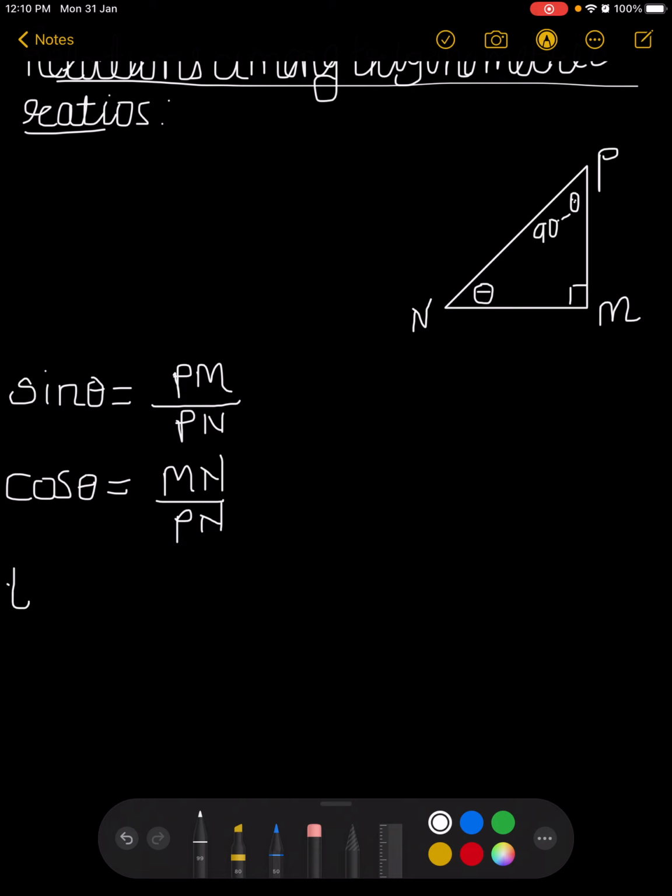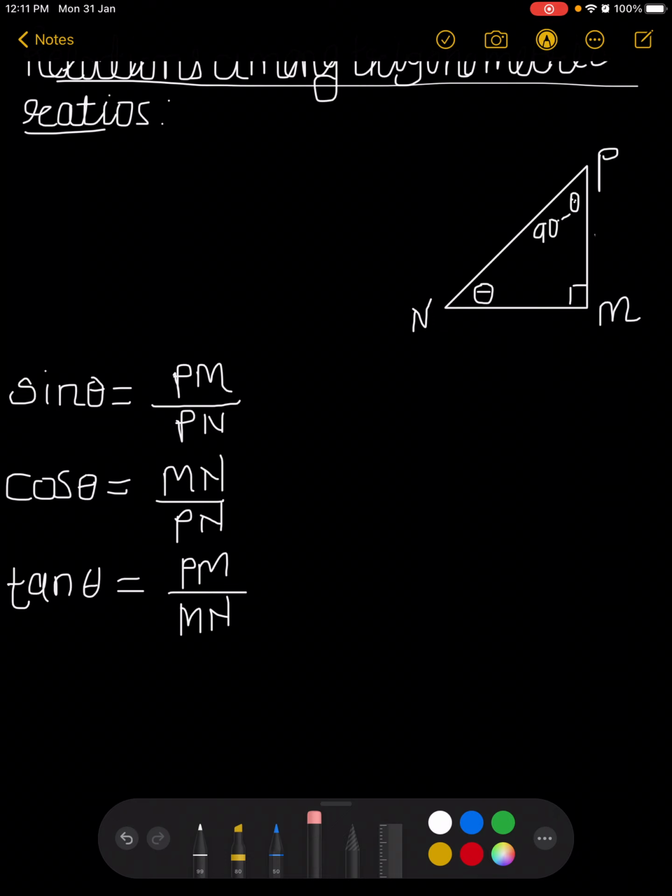The third ratio, tan theta. For tan ratio, we write theta's opposite side PM and theta's adjacent side MN. The ratio of opposite side PM and MN is called tan ratio. So here we have shown the ratio tan theta.